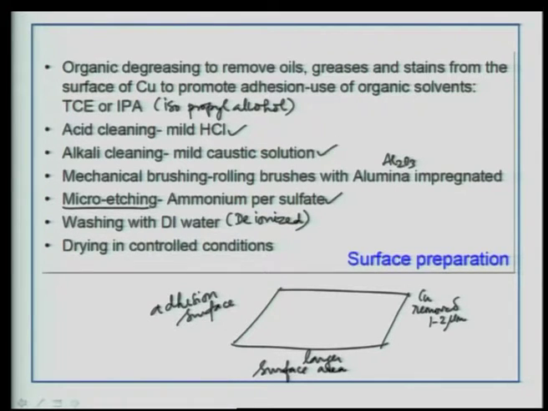So, all of these or a few of these or a couple of these, you can use. You can do an organic cleaning first, then a micro etching, then a mechanical brushing, and finally, a quick acid rinse, neutralizing with an alkali rinse, and then washing with the DI water and drying in controlled conditions.